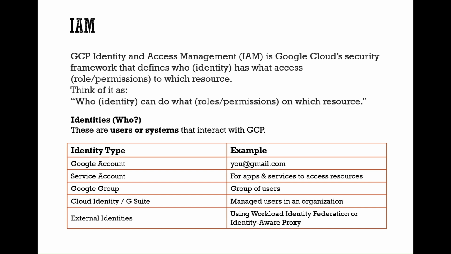It's not easy or a good practice to assign roles to each and every person who is doing the audit. What you do is create a group, assign that role to the group, and then add those users to the group. So this is known as a group. And Google Identity and G Suite are something we can understand as an organization-level thing.